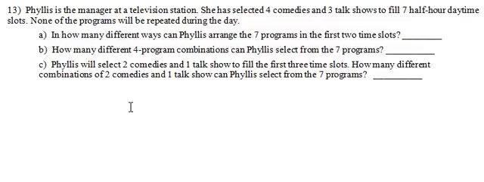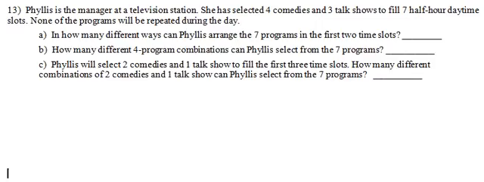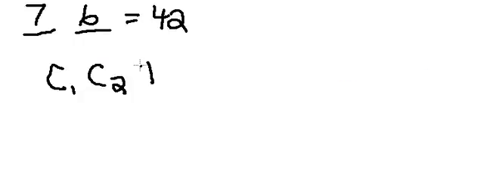What if I choose, for example, C1, comedy 1, C2, and what else can we choose? 4 programs. Talk show 1 and talk show 2. This is our 4 that we're choosing.